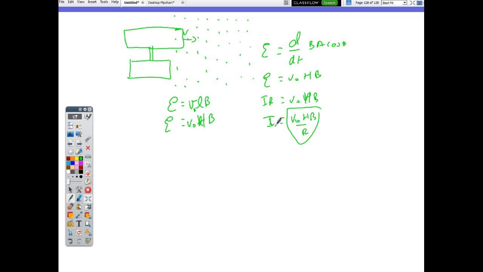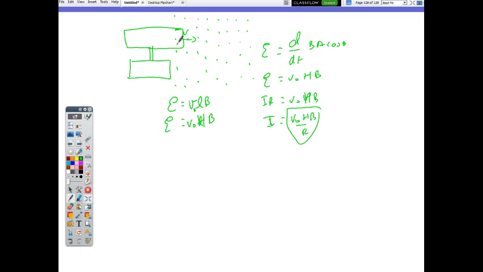Which direction is the current in? I've got two ways to answer this question. One of them, old man way: current wants to go in a way that reduces what's happening to it. There's suddenly more magnetic field coming out of the board through this section right here, right? So I want to stop that. So I'm going to force current in such a way that my magnetic field goes back into the board, to neutralize that effect.